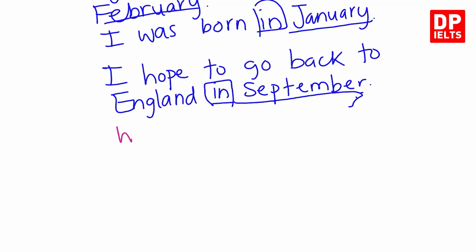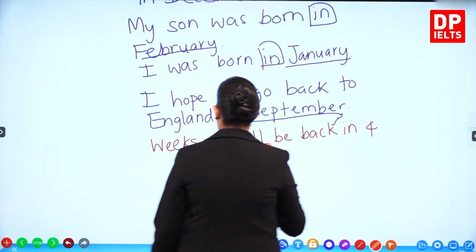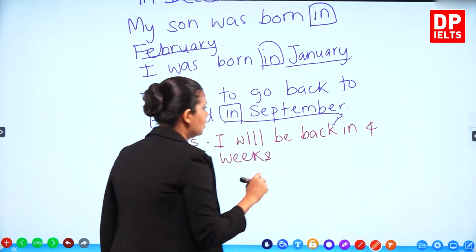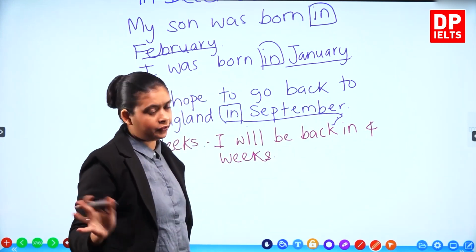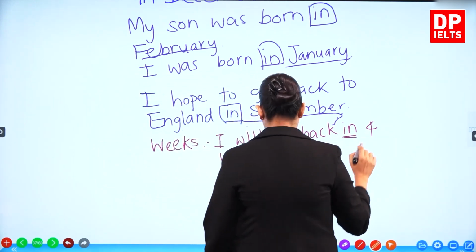You can use it for weeks. I will be back in 4 weeks. Right? Or you can say, I will be back after 4 weeks. That's okay, but you can still use the in preposition with weeks.